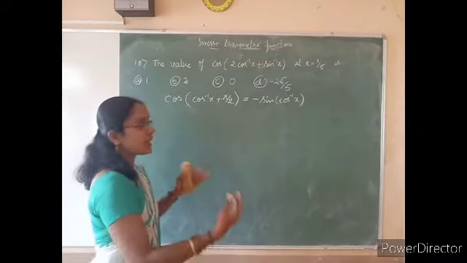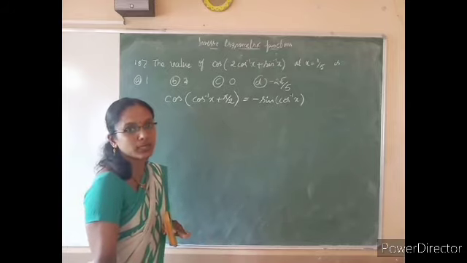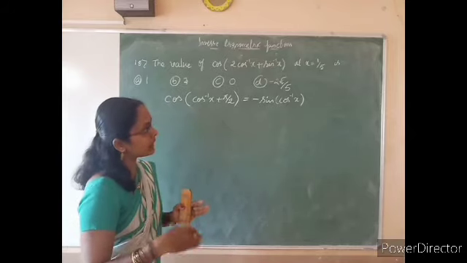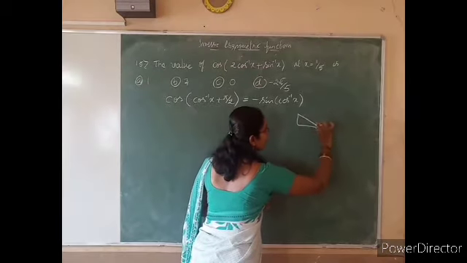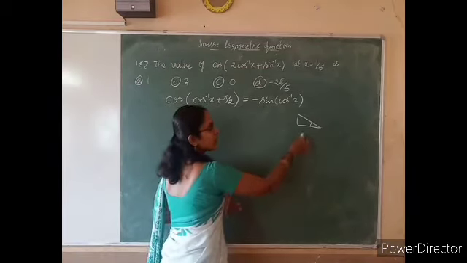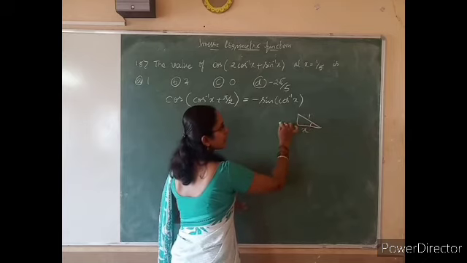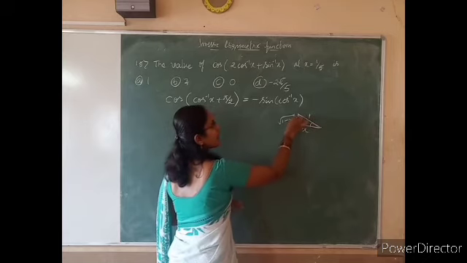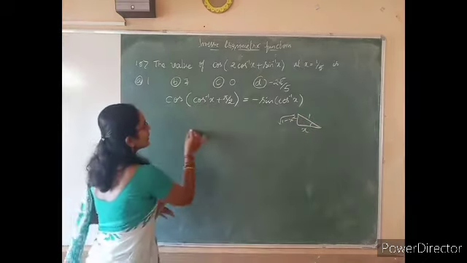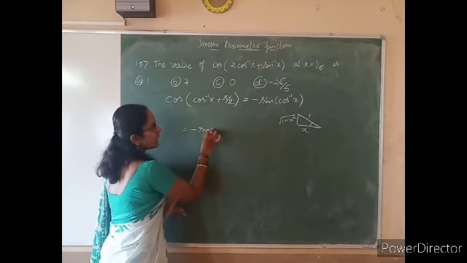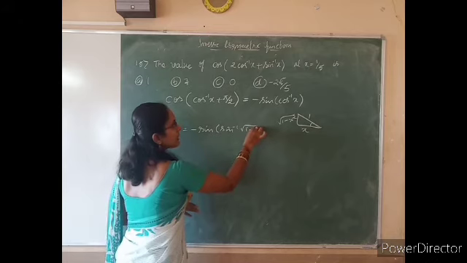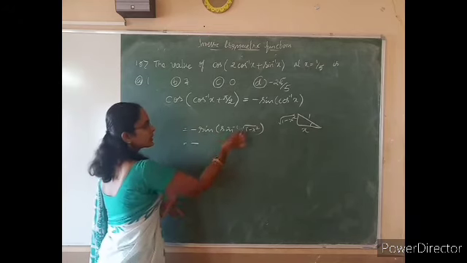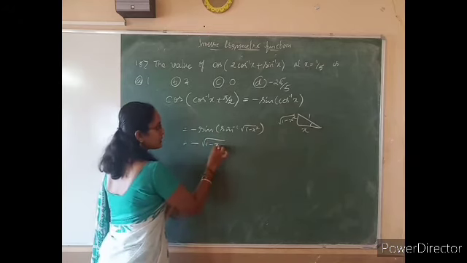Sin of sin inverse of x is equal to x, but this will be sin of cos inverse of x, so by using the definition, convert it into sin. Cos is x by 1, therefore this should be square root of 1 minus x square. Therefore this will be minus sin of sin inverse of root of 1 minus x square, so minus root of 1 minus x square.